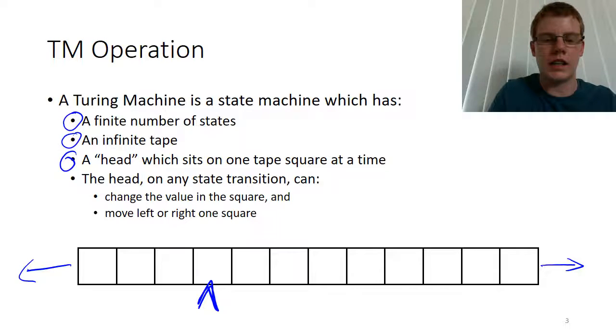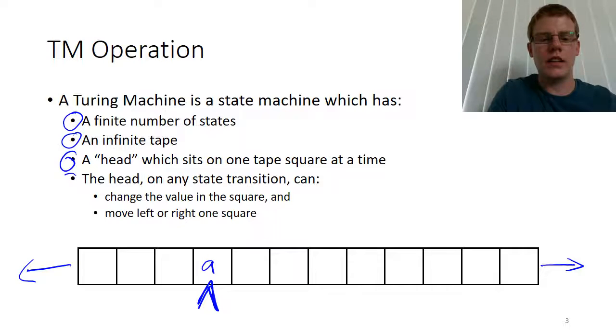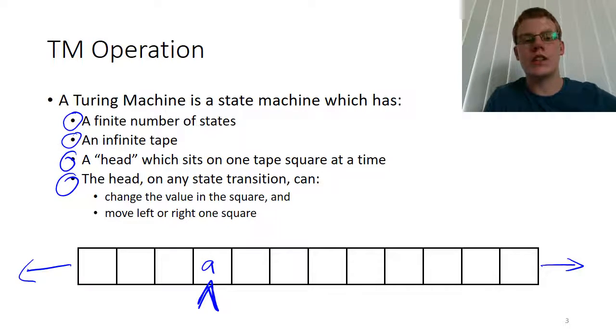So if there's an A, that tape head can know that there is an A there. This head, on any transition in between the states, can help decide which transition to take based on what is currently under the tape head, and it can also modify the value in the square, and it can move to the left or the right by one space.